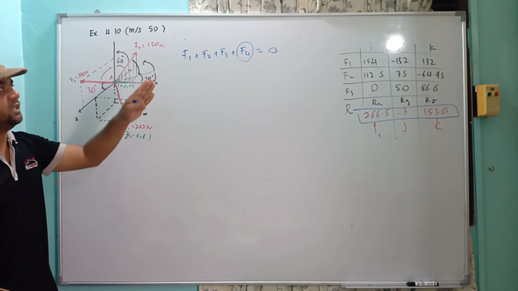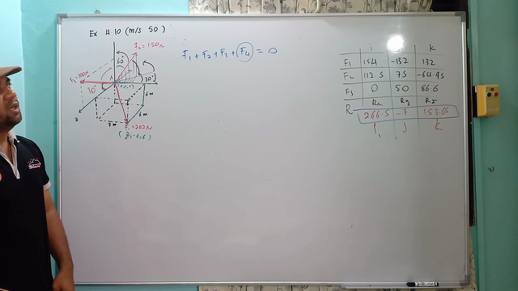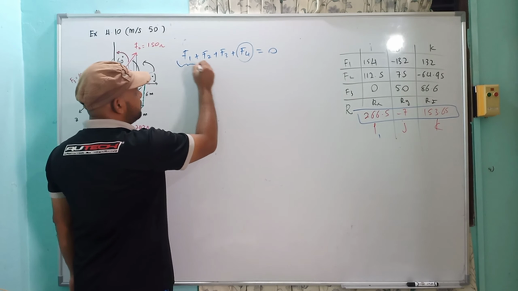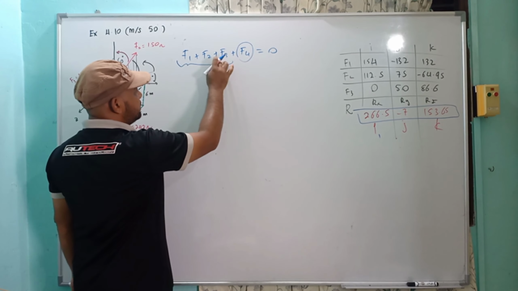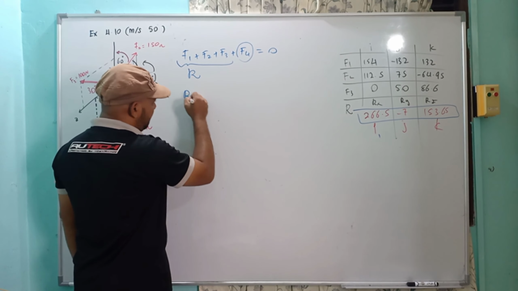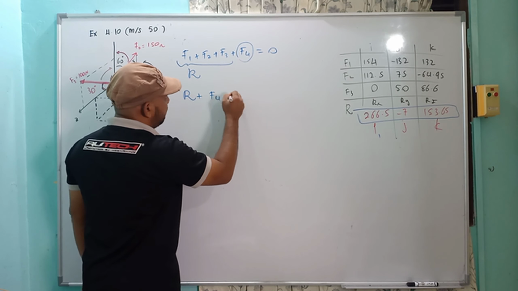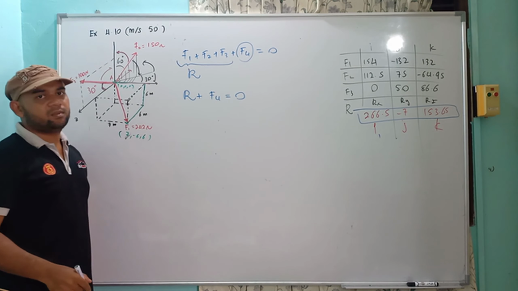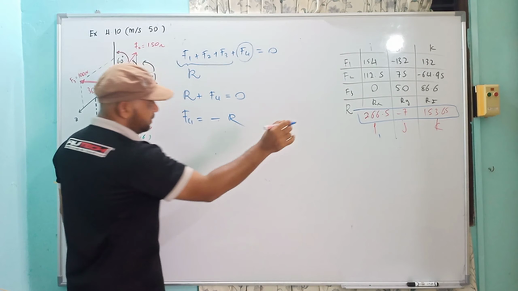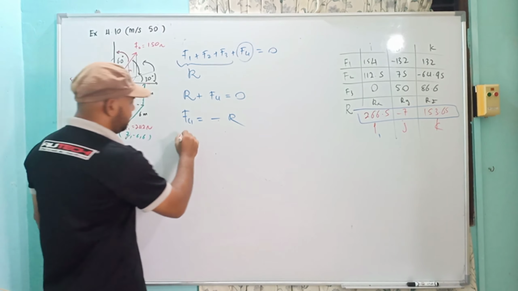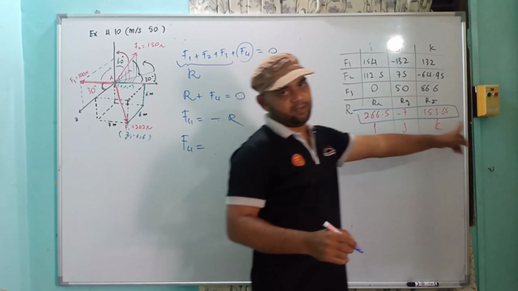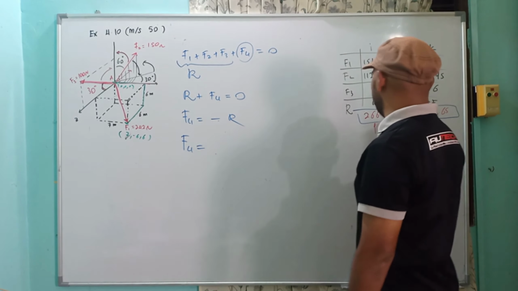You know that F1 plus F2 plus F3 is R. So R plus F4 equal to 0, so F4 equal to negative R. The way you translate it, F4 is the opposite of what you have here, so you put negative in front.